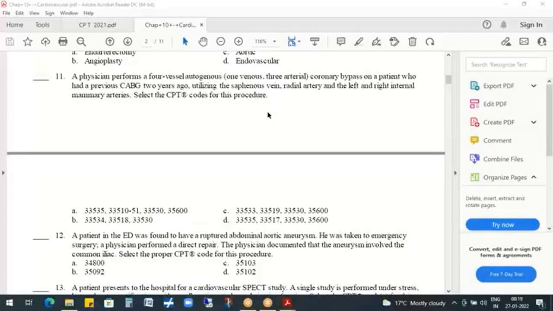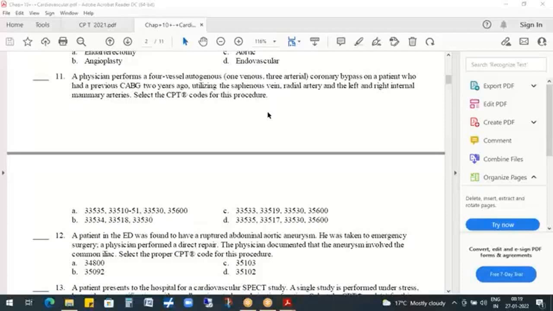See, listen. Why will a pacemaker and defibrillator be used? As we know, during anatomy we discussed the conduction system, like the natural pacemaker.